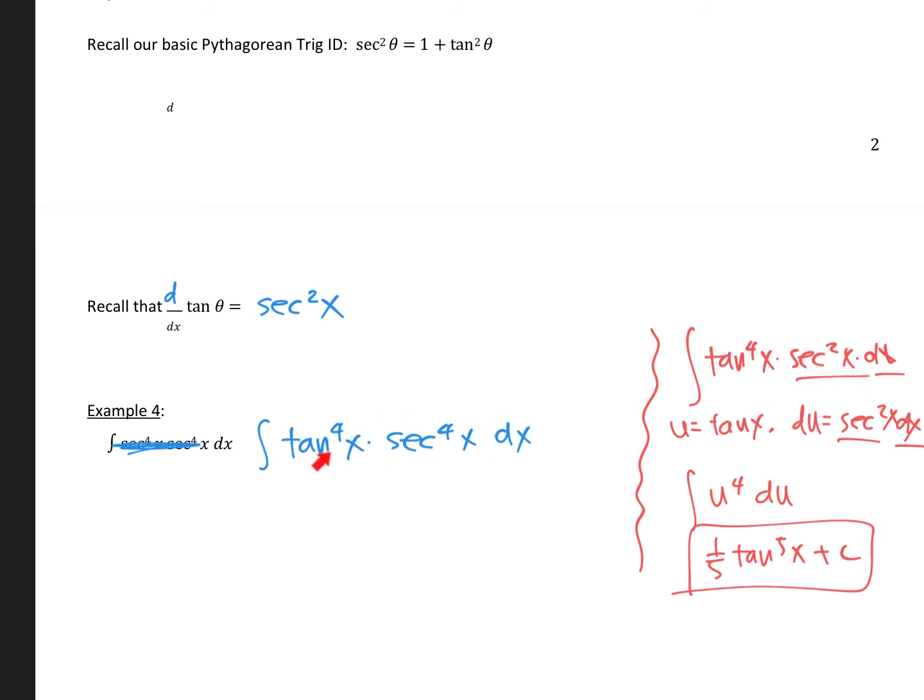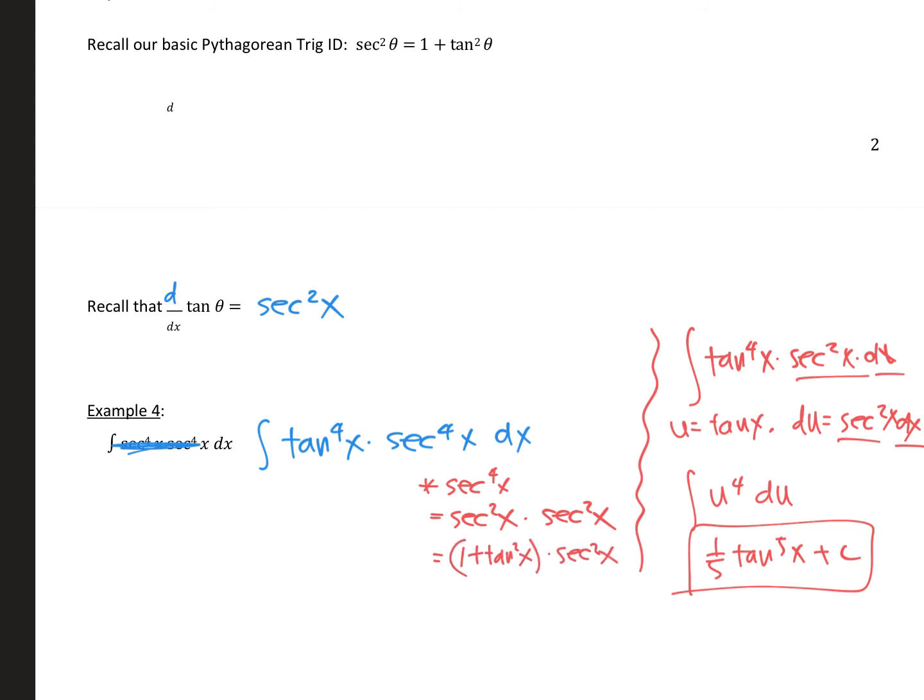Example 4 is very similar, but unfortunately it's not secant squared, it's secant to the fourth. But we know that secant squared can be converted into tangent. So this is what I'm going to do, a little side work here. Secant to the fourth would be secant squared times secant squared. I need a secant squared because I want du to be secant squared, and I want to convert the other one into tangent. I'm going to use this identity, so it's going to be 1 plus tangent squared times secant squared, right?